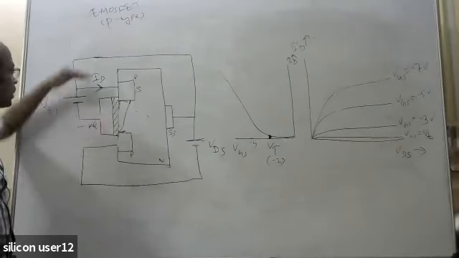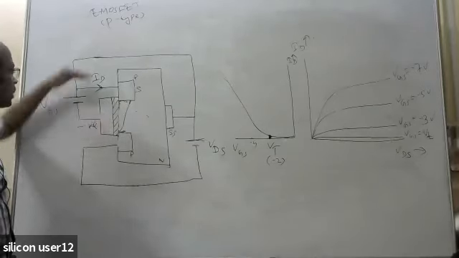N type. Okay, so basically complementary MOSFET is a way, or a process, or a method in which we combine both the p type and n type MOSFET to create a particular circuit. Till this point we are talking about individual devices, individual transistors. We have not seen any sort of circuit.